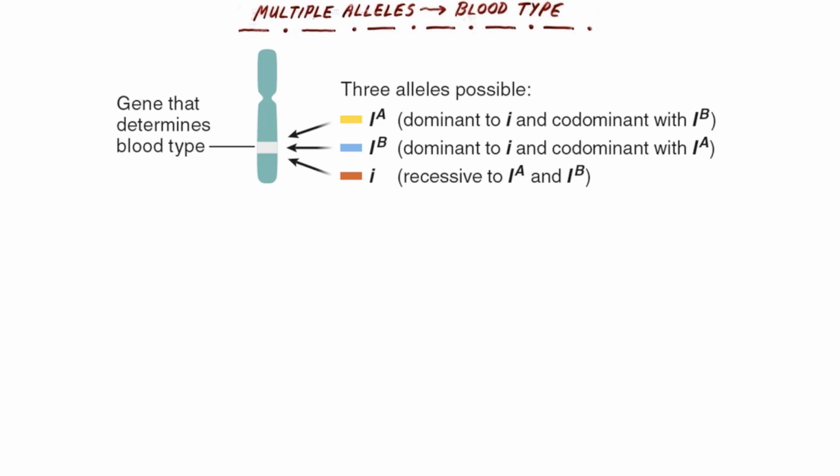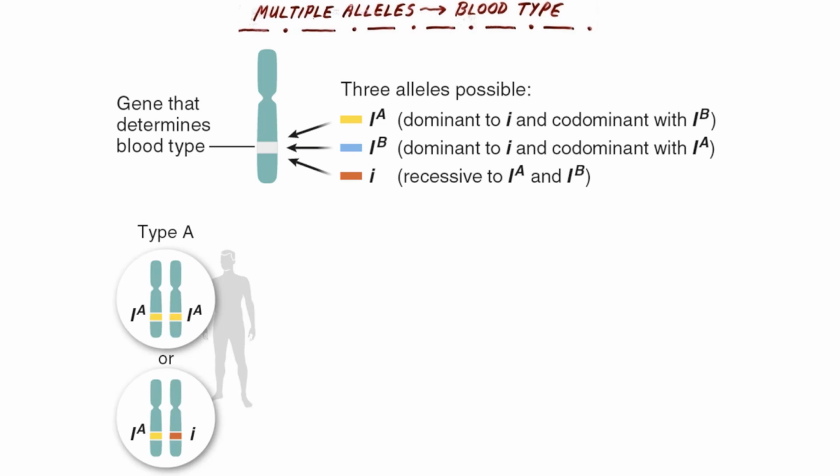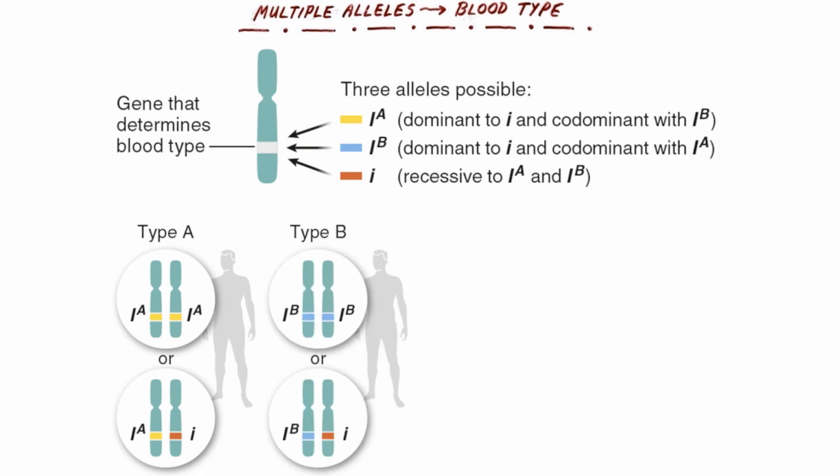So for the population, 3 alleles. For any individual, just 2 alleles. This means that you can have people who are phenotype A, but they can be 2 different genotypes. They can be homozygous for I with superscript A, or they can be A with a little i. In both cases, they're going to look like blood type A. Or we've got blood type B. Same thing.